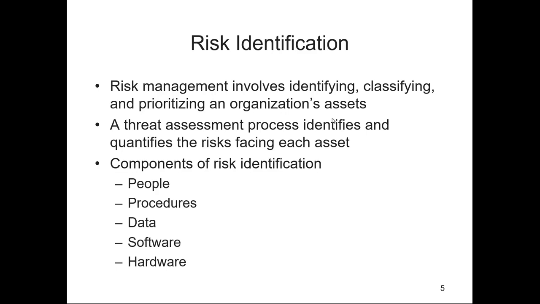Once we go through the process of self-examining, or if we have a third party that comes and examines the system, then we move to threat identification, and we must assess the circumstances and settings of each information asset.